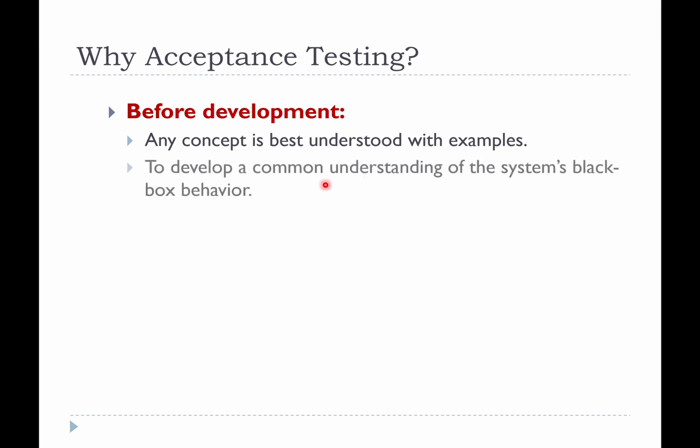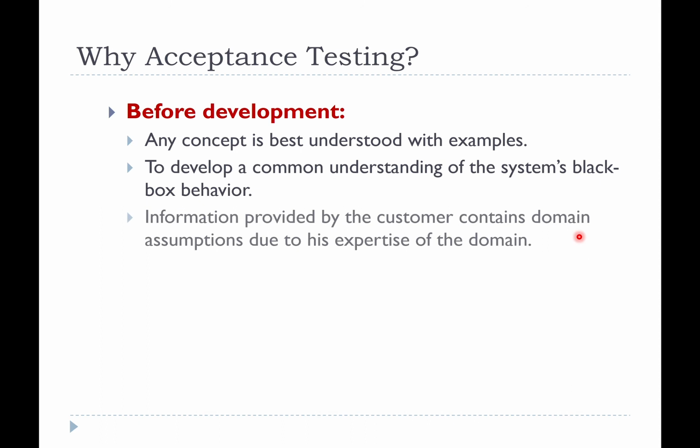So we want to have a common understanding of the system's black box behavior from the outside. A lot of the times when I get information from a customer, it does contain some domain assumptions, due to the expertise in the domain. So if I see a price that says 10 real, I'm just going to pay 10 real.